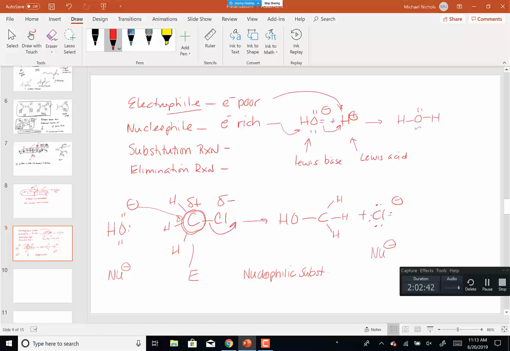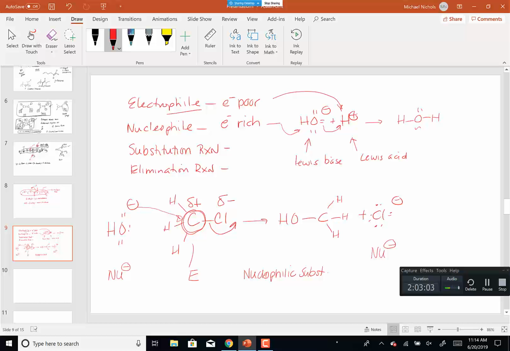Right, so the carbon's like, well, okay, I'll give you the electron chlorine, because now the oxygen's going to share a new one with me. So on the carbon, there's no net change.